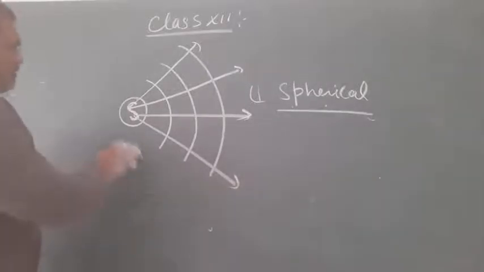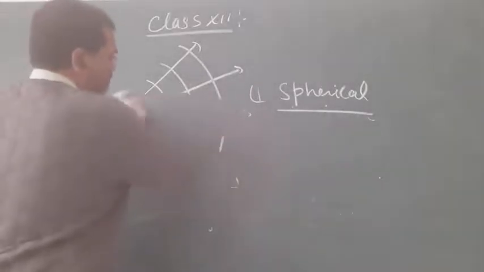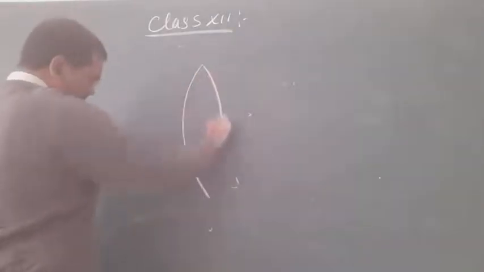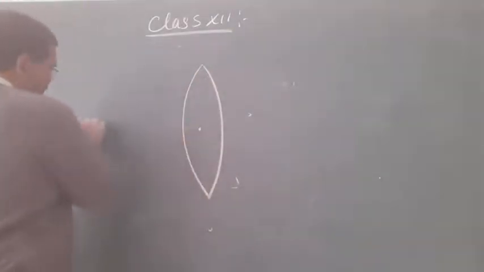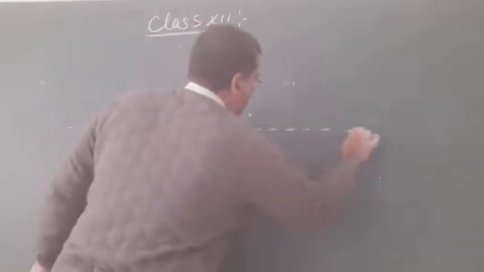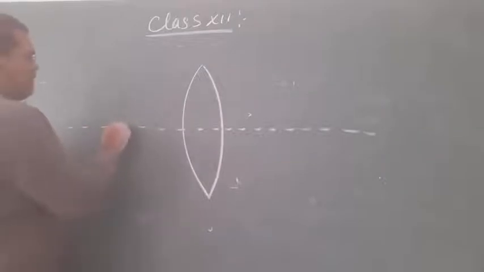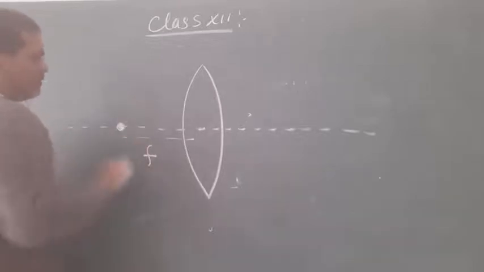And for the second question, it is given that a convex lens, this is the principal axis, and the source is kept at the focus, that is the first focus, you can say. Source is kept at the first focus of the lens.